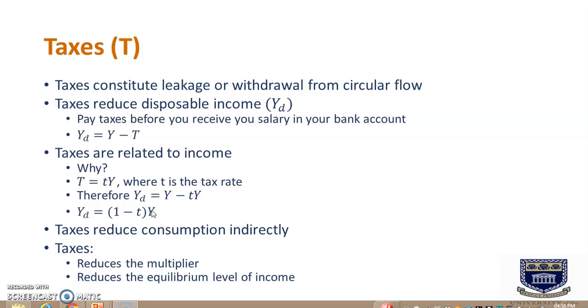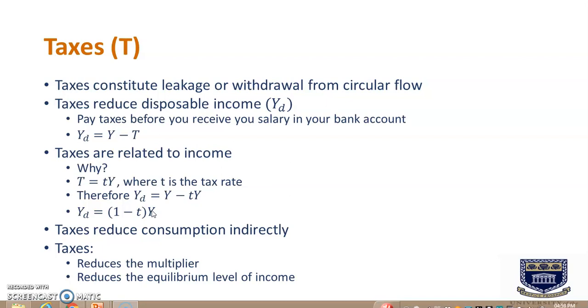We have to now understand how taxes impact the multiplier, the equilibrium level of income, as well as aggregate spending. Since tax is a leakage from the circular flow, the introduction of tax means that a smaller proportion of any addition to aggregate spending will be passed round in each round of the multiplier process.